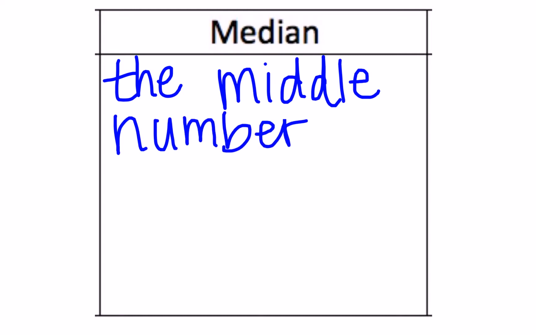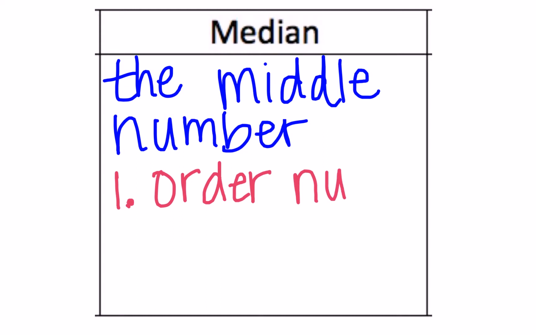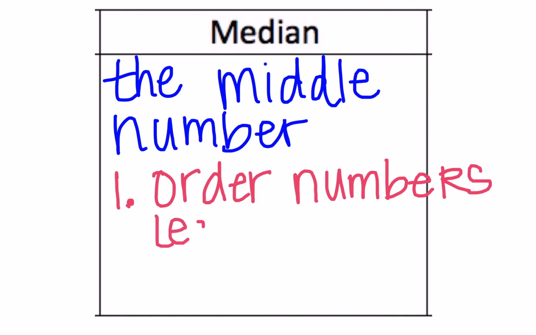There are two things you have to do though. You can't just pick the middle number. Step one is to put your numbers in order, least to greatest.